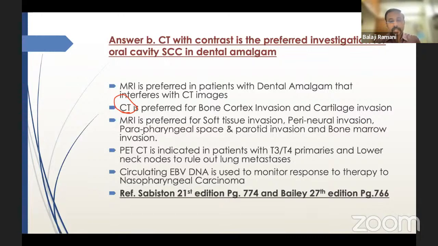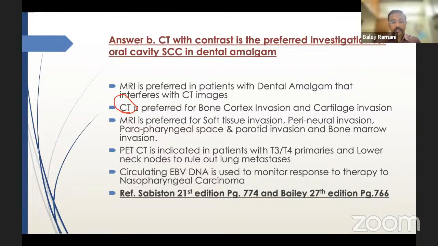Specific scenarios are there where you use a contrast enhanced CT. One is the cortex or cartilage invasion. Whenever you have a cortex invasion or a cartilage invasion, then you have to look for contrast CT. On the other hand, bone marrow invasion is going to be preferably done by an MRI.